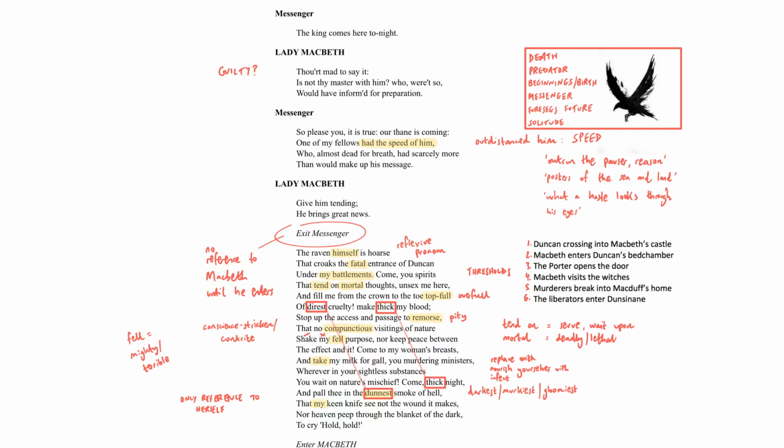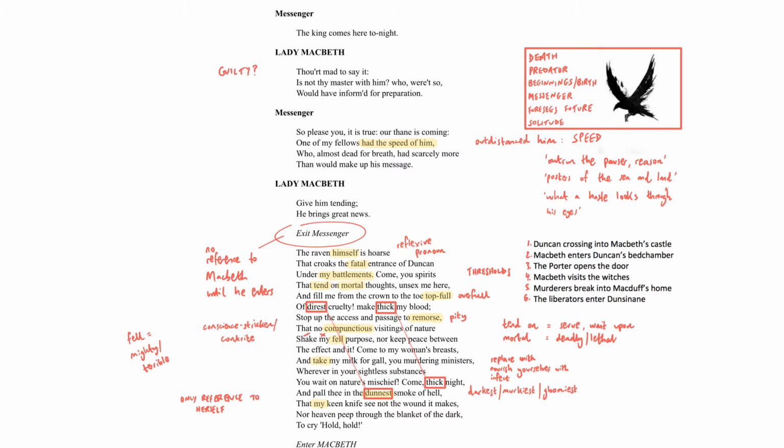So at her most masculine moment in the play, when she is asking the spirits to unsex her, there's something oddly feminine about her. And she talks about the knife seeing rather than her eye. So she's removing her own body parts from her imagined version of the act. There's an evasion of agency in the language. It's the knife that makes the wound, rather than herself.